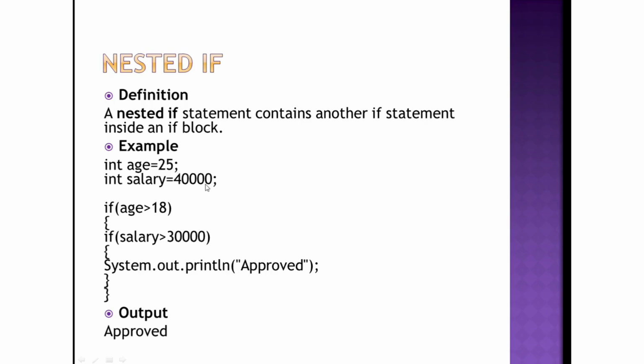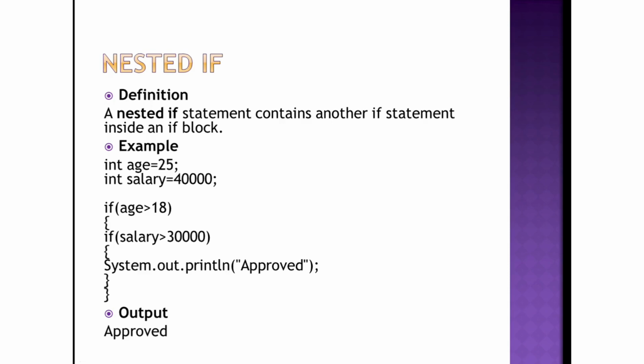Since 25 is greater than 18, Java enters the first if block. Inside the block, there is another if statement. This one checks whether the salary is greater than 30,000. Since this condition is also true, the program prints approved. Nested if statements are useful when multiple conditions must be satisfied before performing an action, such as loan approval or job eligibility.